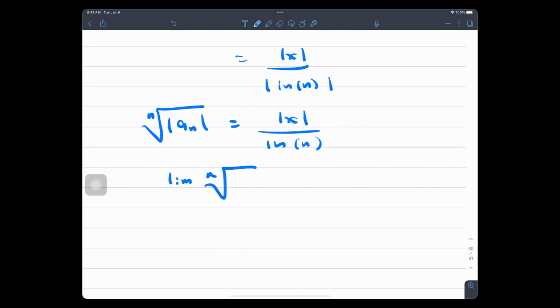So the limit of that absolute value is the limit. I think I got to tighten this up.